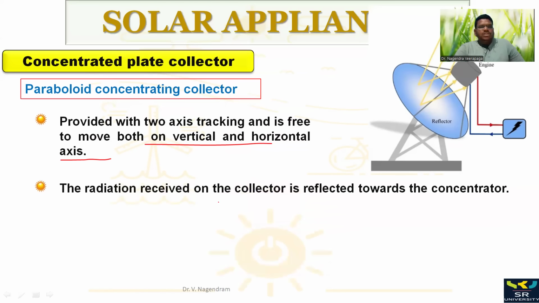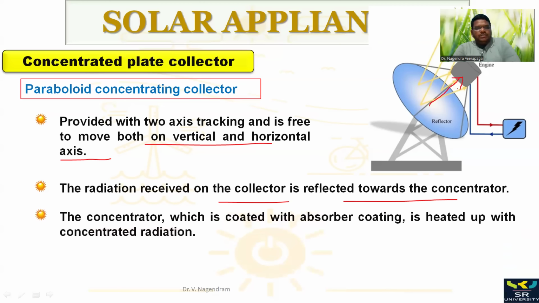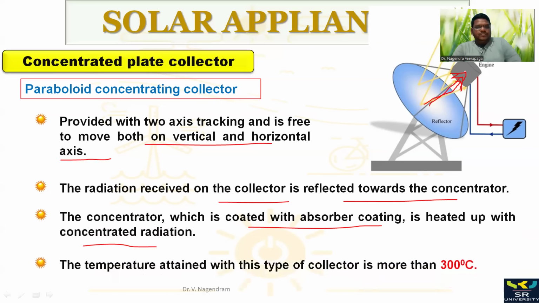The radiation received on the collector is reflected towards the concentrator. The concentrator, which is coated with the absorber coating, is heated up with the concentrated radiation. This one will be highly heated due to this solar radiation because it is completely coated with black color.